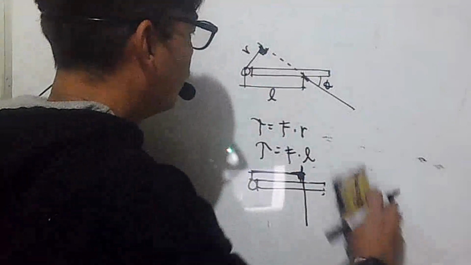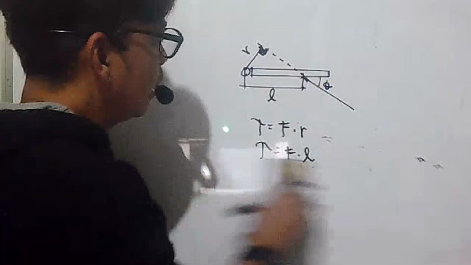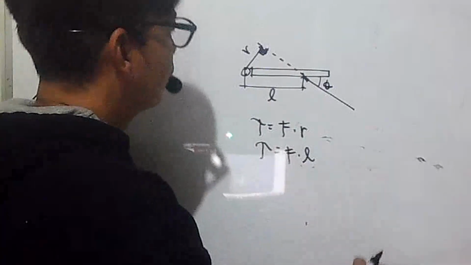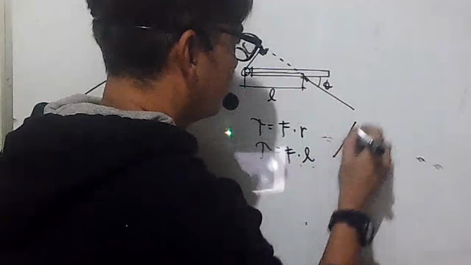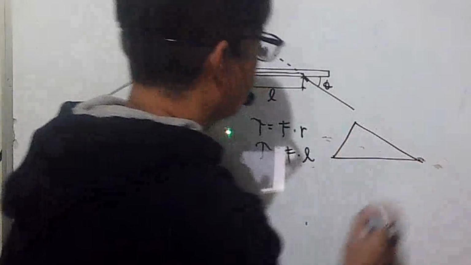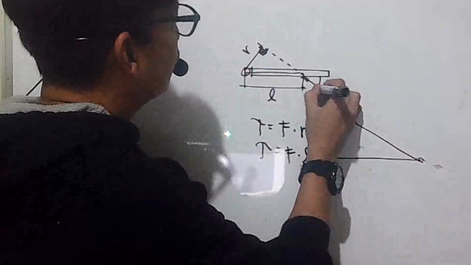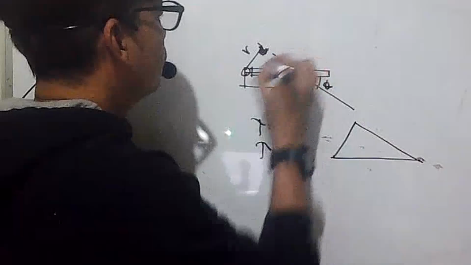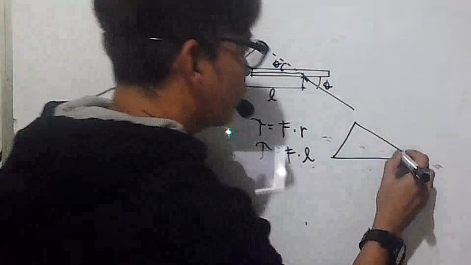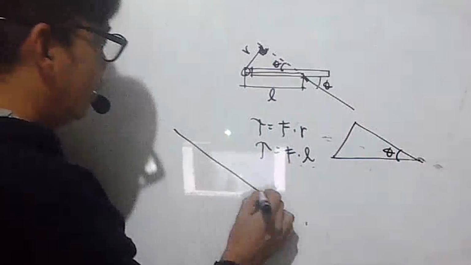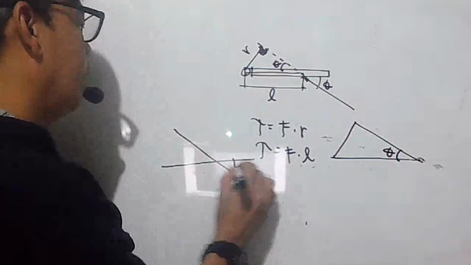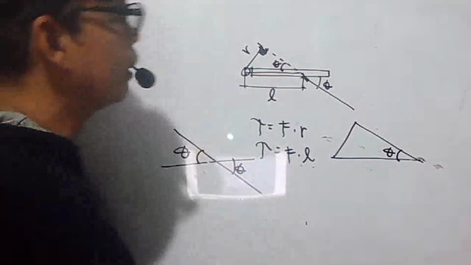Okay, now looking at the figure, you could see a triangle there. Okay, so this is your triangle. I'll move it here. Okay, so if this is theta, it means this is also equal to theta. So that's the same. You know this. If this is theta, this is also equal to theta.